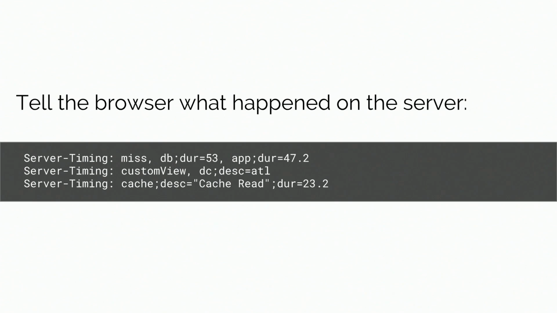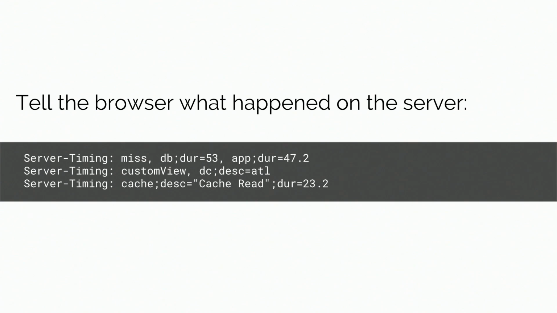You know, something is happening on the server, we don't know what it is. Server timing allows us to expose that period of time with greater granularity, because we can say things like, we spent 53 milliseconds in the database, we spent 47 milliseconds in the app, and we can also attach custom metadata, like we can say, this request hit the Atlanta data center.